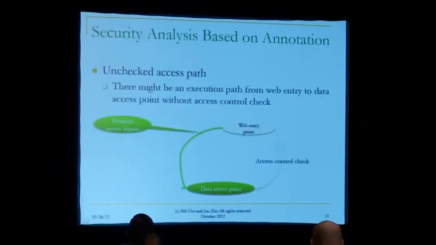Let me give you an idea of what sort of analysis you could do with this additional information that you couldn't easily do with current static analysis tools. Imagine this example; I'll give you a concrete code example later on. You have some kind of web entry, and then it goes to some database access. You ask developers, where is your access control check, for example, or CSRF protection for that particular update. The squiggly sign on the side is where the annotation is. With that information, we can run static analysis by looking at all possible paths from all possible web entries to that particular database operation.